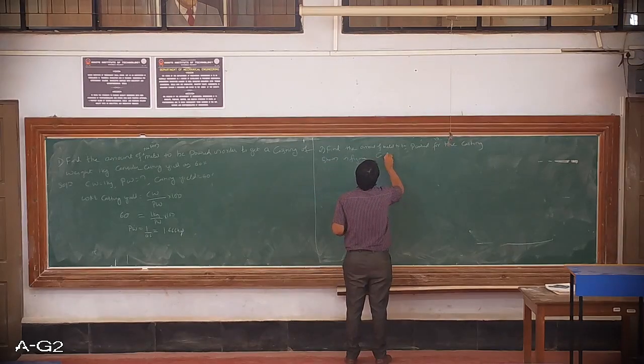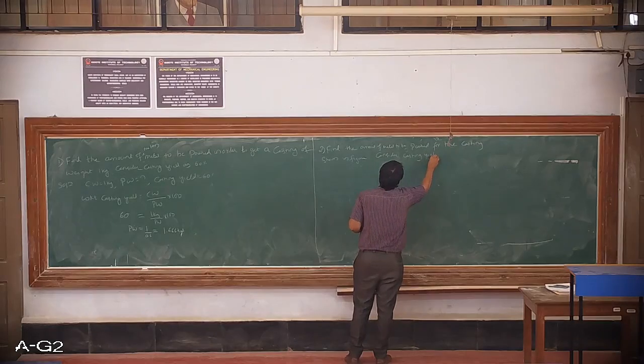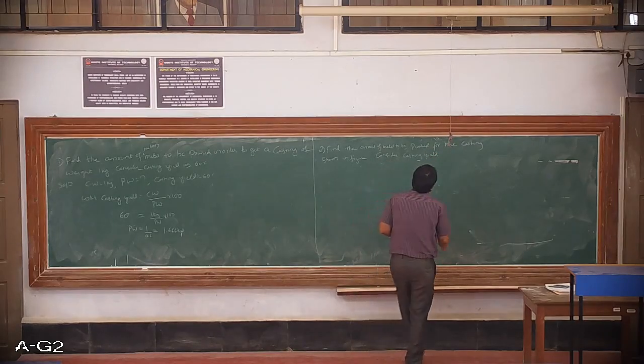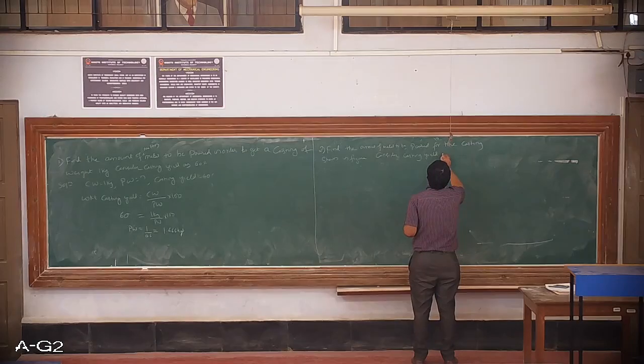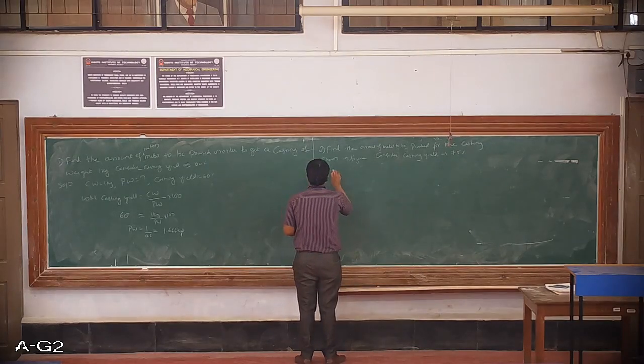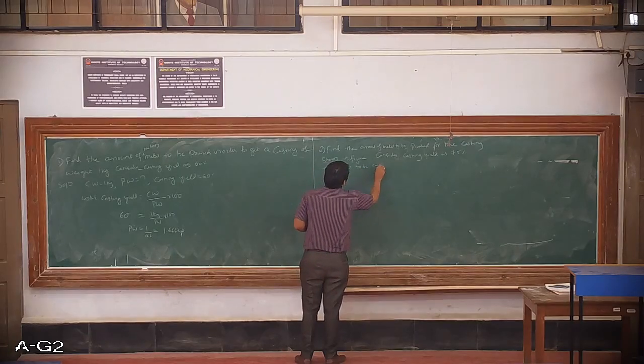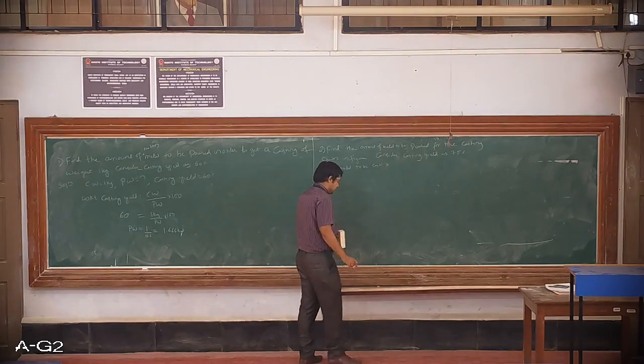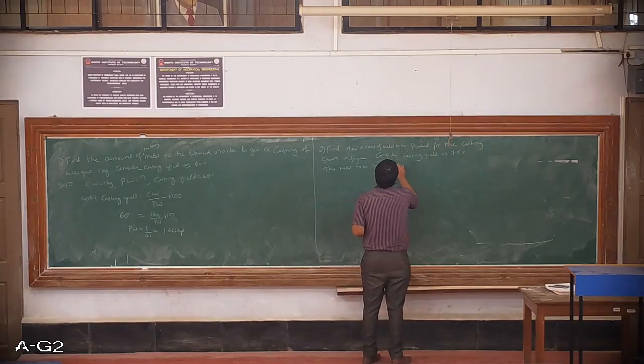Consider casting yield as 75%. The metal to be cast is cast iron.